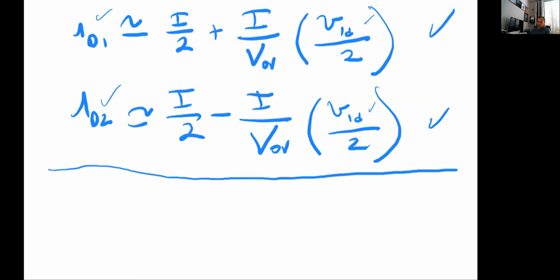That's a very important result, and it works together with the fact that I'm going to have huge gains as I put together this operational amplifier. So I actually do want to work with very small input differential voltages.